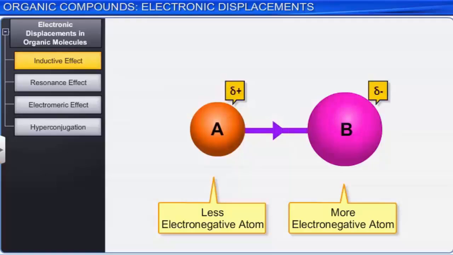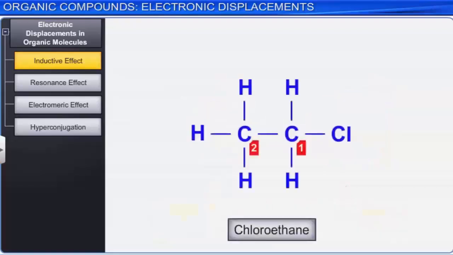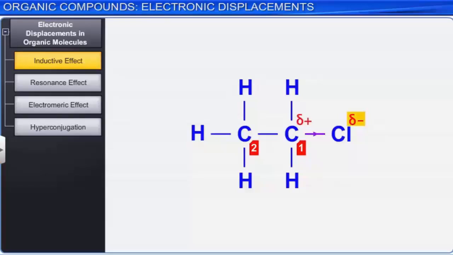For example, in chloroethane, chlorine is more electronegative than carbon. Hence, the electron pair shared between carbon and chlorine is displaced towards the chlorine atom. Thus, a partial negative charge is acquired by chlorine and a partial positive charge is acquired by carbon.